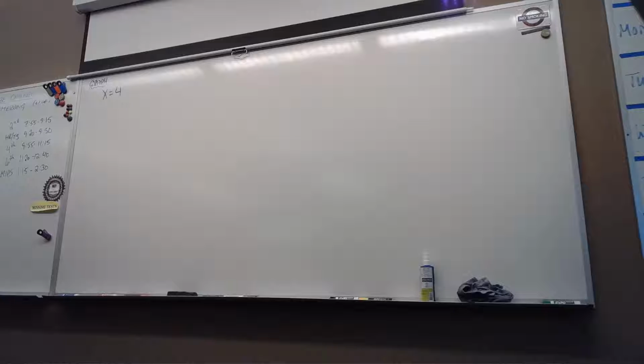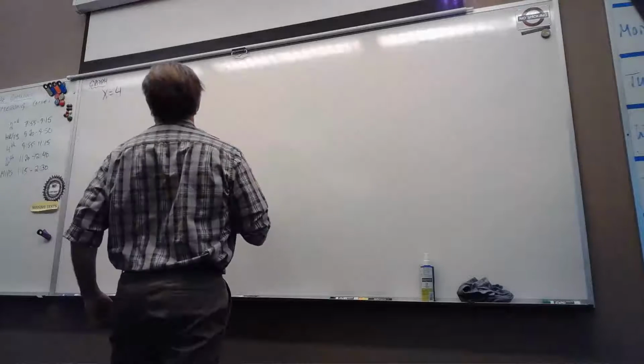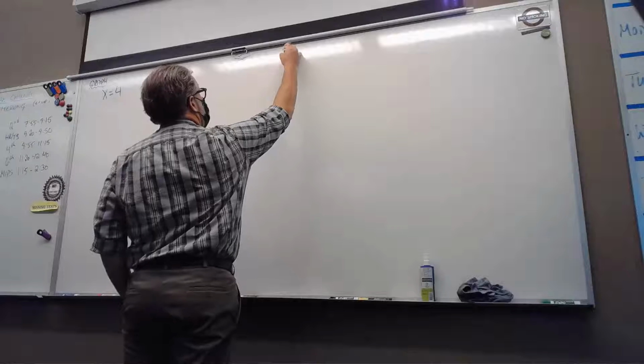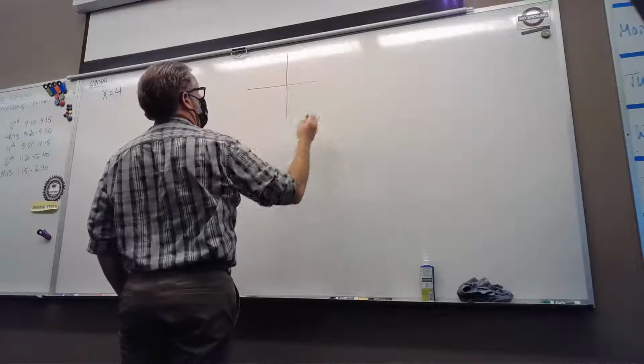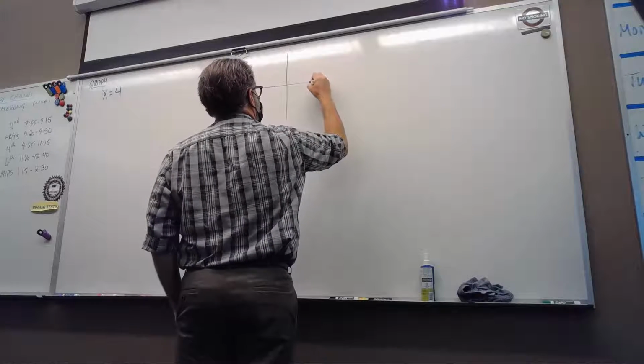I just move the locator point up and down on X equals Y. X equals 4. Any Y value is going to get the X value in 4.